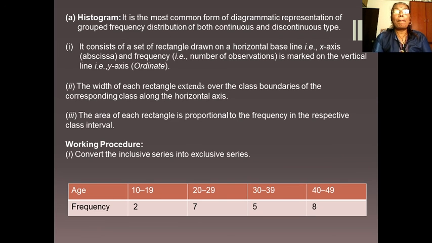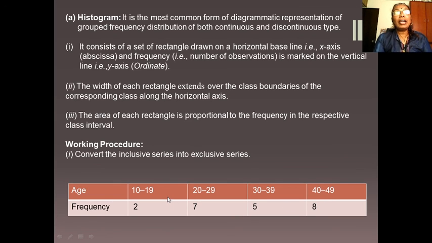For example, we consider the age of plants in a garden. The 10 to 19 years old plants are 2, 20 to 29 years plants are 7, 30 to 39 years plants are 5, and 40 to 49 years plants are nothing but 8.